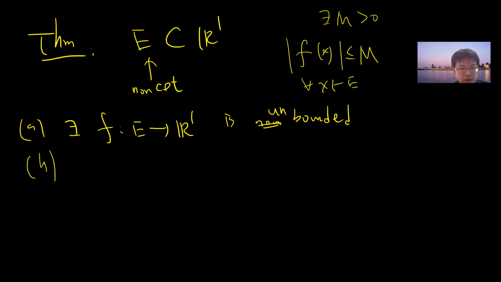Okay, and we just showed that if E is compact, then the image of f is compact, so it is bounded. I want to show that compactness is really very important. If you do not have compact sets, then even though f is continuous, the map can be unbounded.